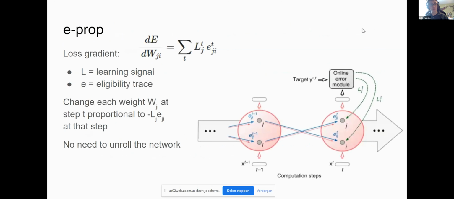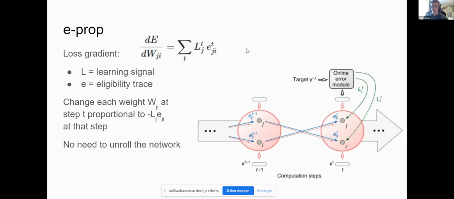Next slide, please. So what they came up with was this model of e-propagation, or e-prop in short, which uses a loss gradient that looks like this. It has more difficult mathematical equations as well, but this is the gist of it, which means that the gradient of a synapse, the part at the left side of the equation, tells us how the weight should change in order to minimize the error of the network.